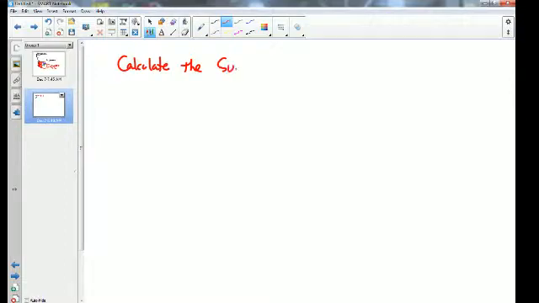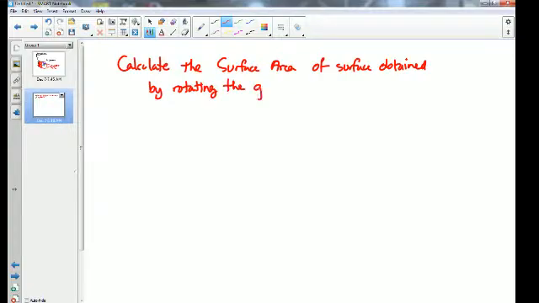Calculate the surface area of the surface obtained by rotating the graph of, this is going to give us fits.